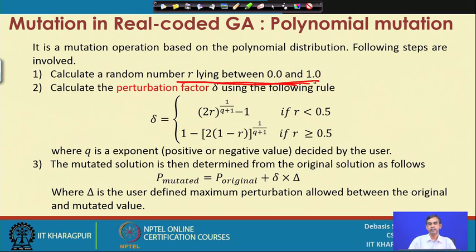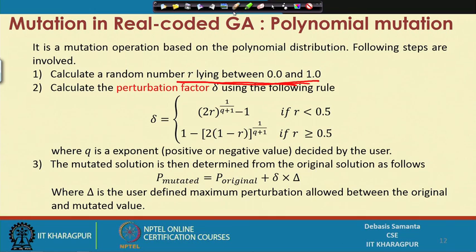In the previous method it is the user's responsibility to decide delta, but in this case delta is calculated more statistically, more probabilistically, and this calculation is based on a statistical distribution function. One distribution function is followed if the random number r is less than 0.5, and another function is followed otherwise.